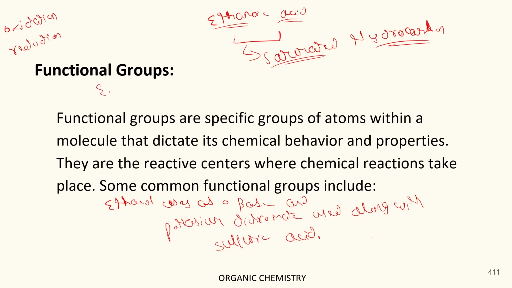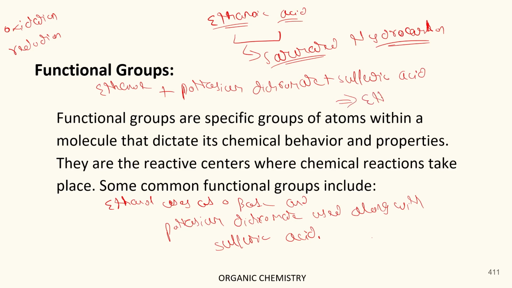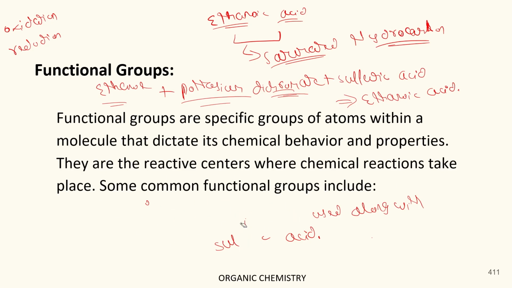So ethanol reacts with potassium dichromate and sulfuric acid to produce ethanoic acid. Here ethanol is the base, potassium dichromate is used to oxidize the reaction, and sulfuric acid is used to acidify the reaction. That's how ethanoic acid is produced.